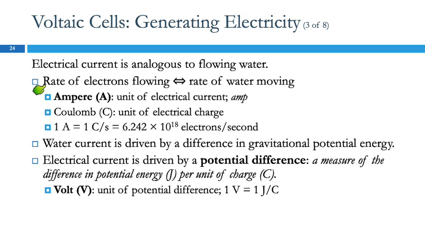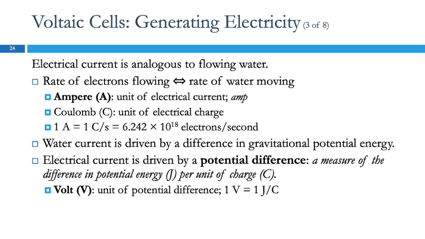So the rate of electrons flowing is just like the rate of the river. The unit is called an ampere, often abbreviated amp, and the symbol is capital A. That's the unit of electrical current. So that's how fast the electrons are moving. And then that is defined as 1 coulomb per second.